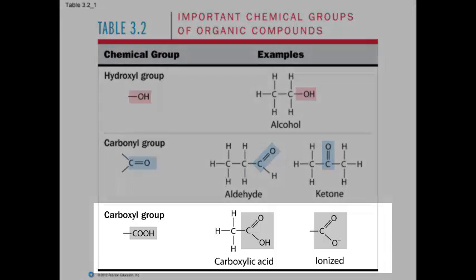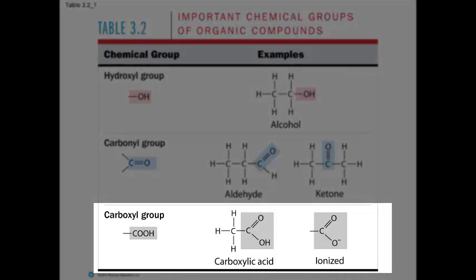He talked about the carboxylic acid group consisting of the carbon double bonded to an oxygen with the hydroxyl group, and you can see it there in gray, and in its ionized form, because as an acid it can donate the hydrogen to the solution, and that will make it more acidic.